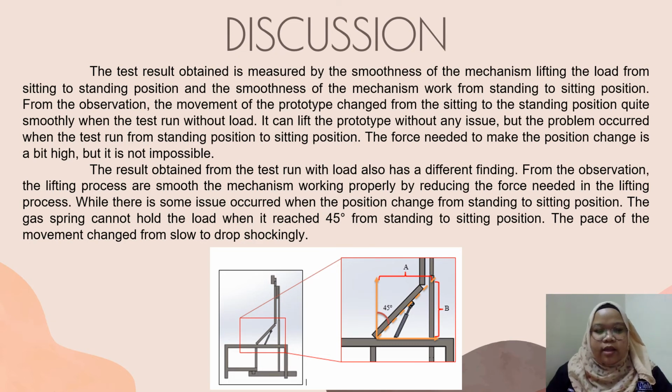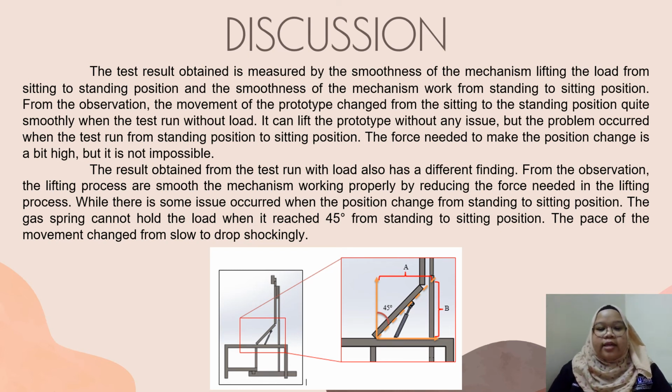And then the result obtained from the test run with load also has a different finding. From the observation, the lifting process is smooth, and the mechanism works properly by reducing the force needed in the lifting process. So it can lift the subject easily, while there is some issue when the position changes from standing to sitting.